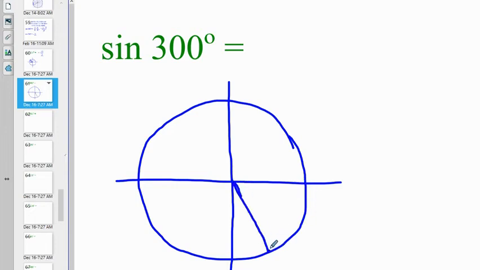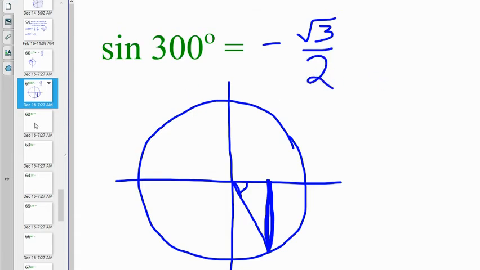So we're looking at the tall, skinny triangle where I've got 60 degrees less than 360 degrees. Here's my triangle. Sine is the vertical component, which means I'm looking at the long leg of this 30, 60, 90 triangle. So it's the square root of 3 over 2, but it is down. So I'm going to go with negative square root of 3 over 2.